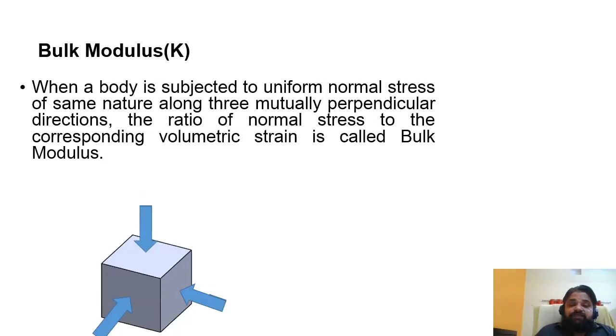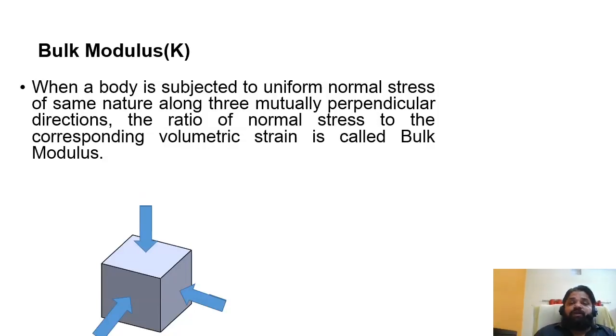That means the structural property which restricts the body from changing its volume, which opposes the change of volume, is nothing but the bulk modulus of that structure or of that material.